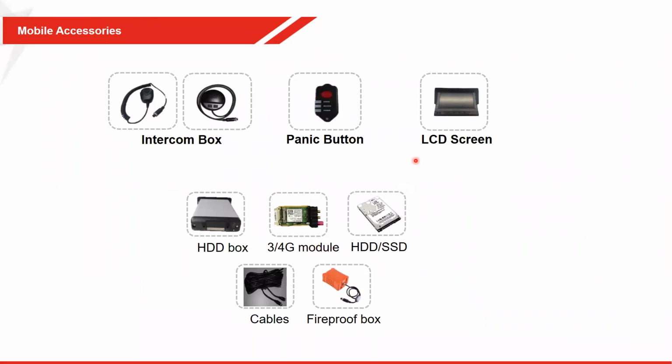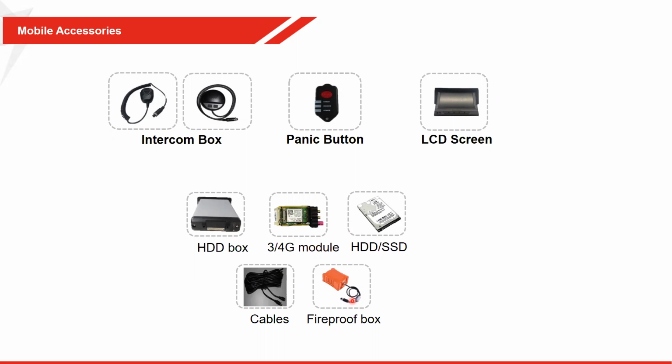Then a few accessories, the intercom box. So for your two-way audio communication, you've got a panic button, an LCD screen for the driver, your hard drive box as well, a 3G, 4G module, which can also be purchased, solid state hard drives as well. And we've also got a fireproof box, where you can have an external storage connected to the mobile device.